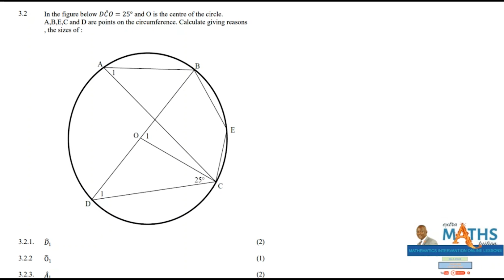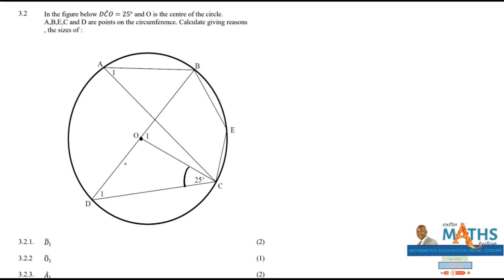Please grade 10, grade 11, and grade 12, when you have been given a diagram, make sure that you read the given statement and analyze your diagram before you go to the questions. In this figure below, angle CO is 25 degrees, and O is the center. If O is the center, check for the radius.